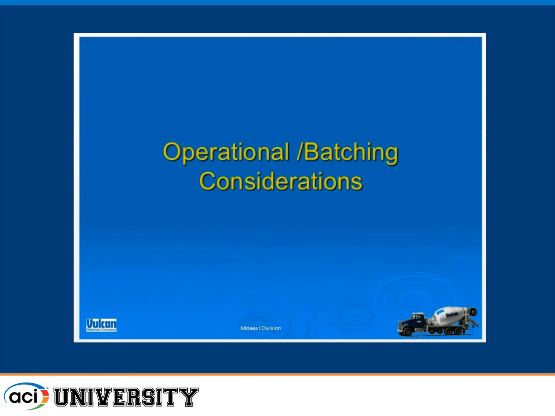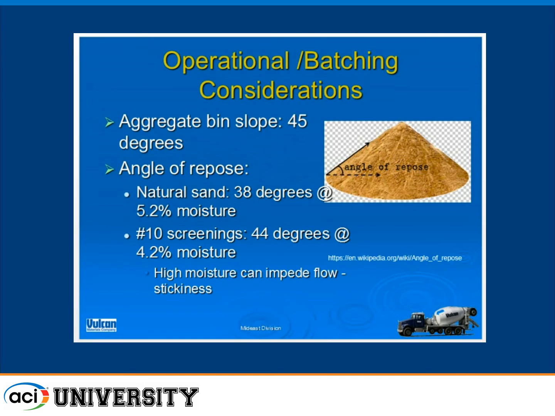So I want to touch on the operational or batching considerations. The mineral filler has some unique challenges, but they can be overcome without tremendous difficulty. Let's consider what is going on. A lot of my plants are 40, 50 years old, but even in newer plants, a lot of plant designers designed the aggregate bins to slope at 45 degrees at the bottom.